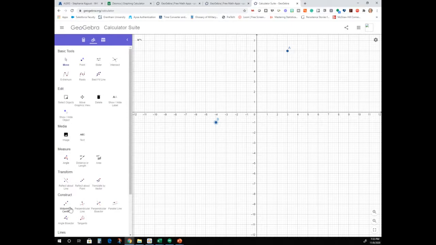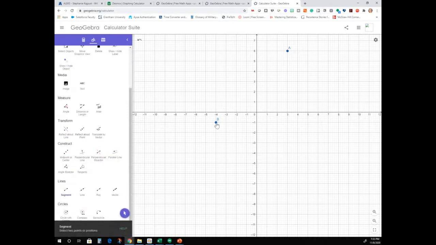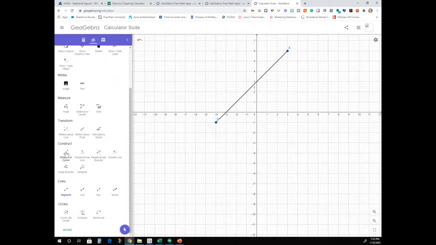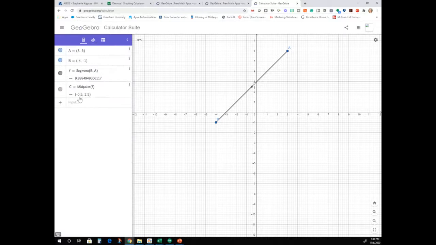Then I'm going to scroll down, click segment, and then I can click the 2 points, and it makes that line for me. And then I can click midpoint or center. I click the segment, and now it's putting that right there. It labeled it C, and you can see it's -1/2 and 5/2. So that's a way to double check.